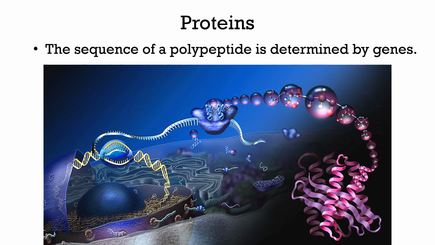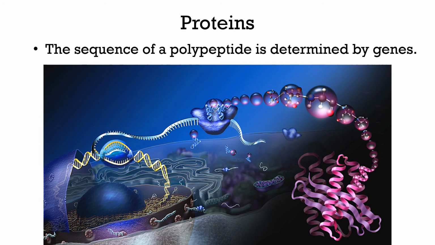Now we're going to transition to nucleic acids. The reason I want to make this transition between proteins and nucleic acids is because you might ask, what actually determines the sequence of amino acids and how it folds in your body?